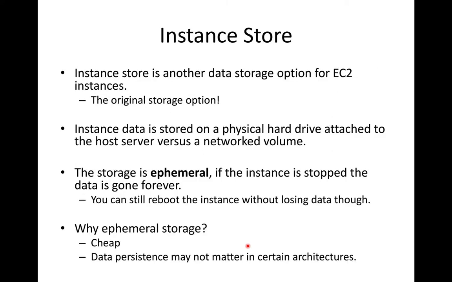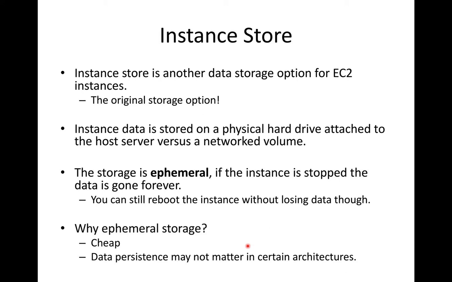One additional storage option for EC2 instances, and this is only available with certain types of EC2 instances, is called the instance store. The instance store is actually the original storage option that was available for EC2 instances when the service was first launched back in 2006.